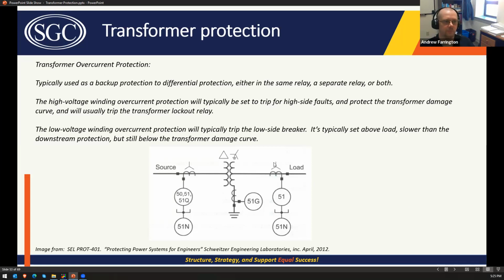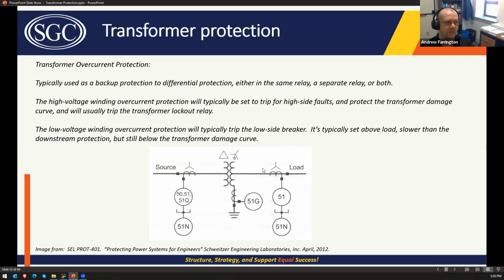Sometimes you'll run into a case where you put a transformer in a weak system compared to the transformer MVA rating. So if you did 8 to 12 times, say 10 times the transformer MVA rating and convert that to phase current on the high side of the transformer, and that's 1,000 amps, it may be that for a low side fault, the system can't even supply 1,000 amps of fault current.